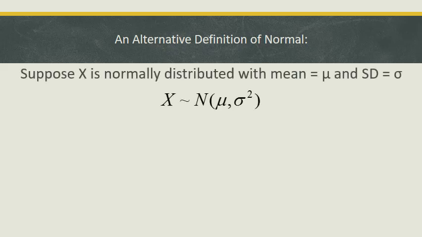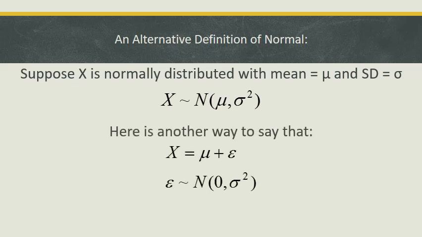Let's suppose we have a random variable x that is normally distributed like this. Then I could also write the same thing like this: x is equal to the mean plus a random error.